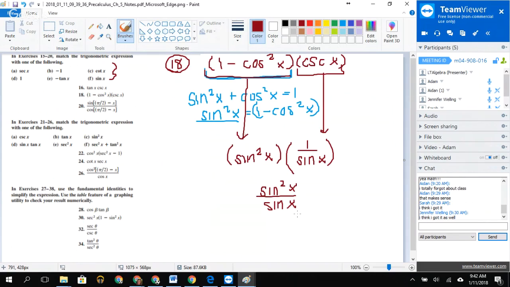This is just like we're squaring the function, so this can be simplified. It's like having x squared over x. So this complicated expression is another way of saying the sine of x. So technically the answer would be F. That is another way to write that trigonometric function.